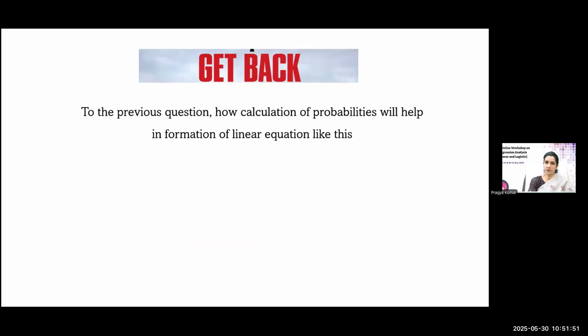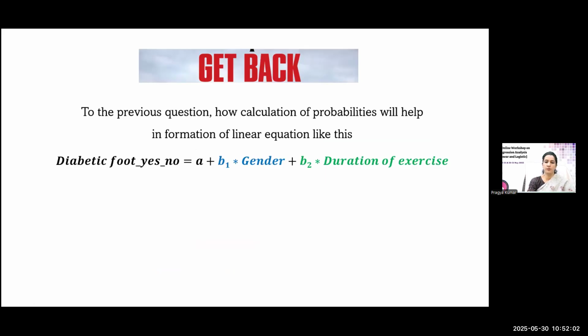So now that was regarding the predicted probability. But how will this predicted probability help us in the formation of a linear regression equation? Initially we started with diabetic foot yes and no. Remember that continuous variable, we have categorized that into a categorical one.